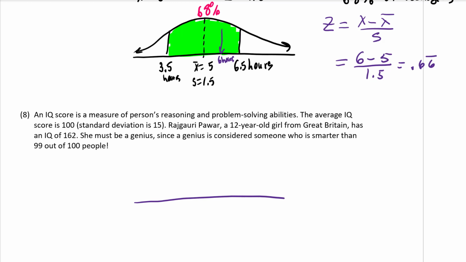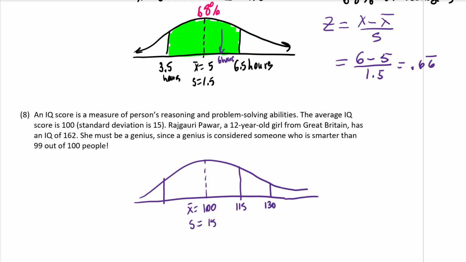So we're going to do the distribution. All right, in the middle, you have an average of 100, and the standard deviation equals 15. So let's make one step. All right, so that would be 115. Let's make the second step. That gives us 130.